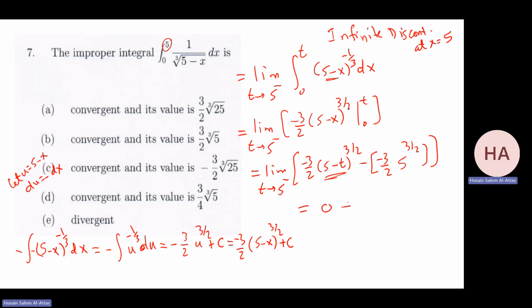So that will be 0 plus 3 over 2 times 5 to the power 3 over 2. Add 1 to minus 1 over 3, that will be 2 over 3, so 3 over 2 times 5 to the power 2 over 3, which is the cube root of 25. And the answer is this. Yeah, so this is convergent. Its value is this.